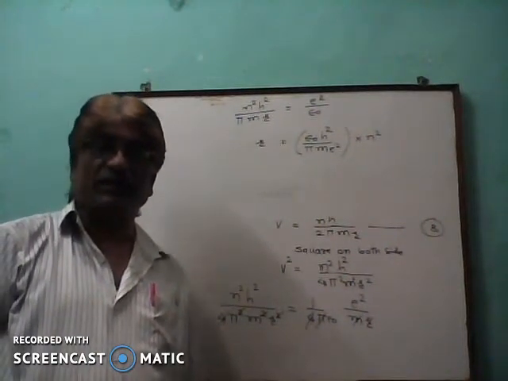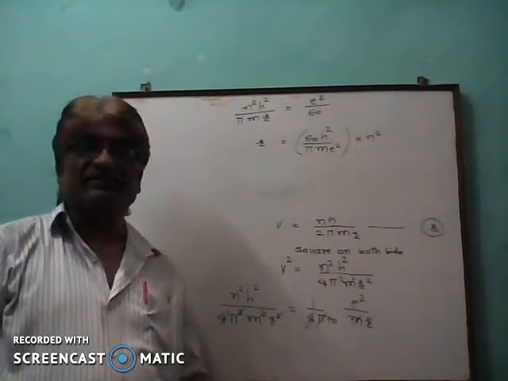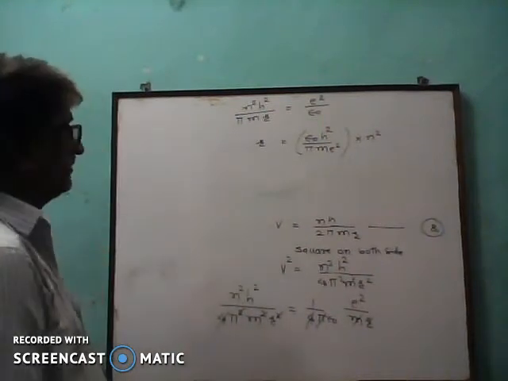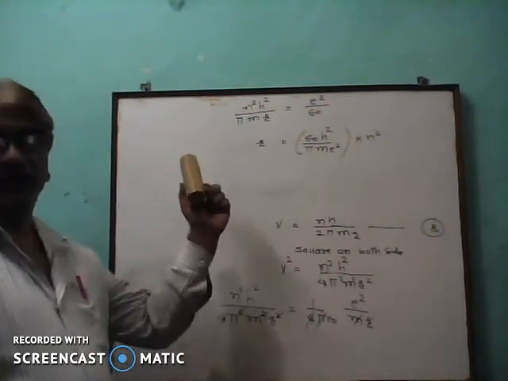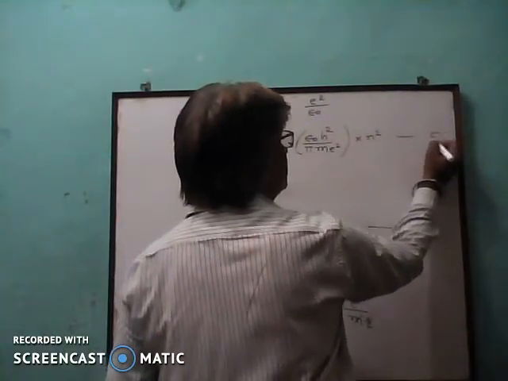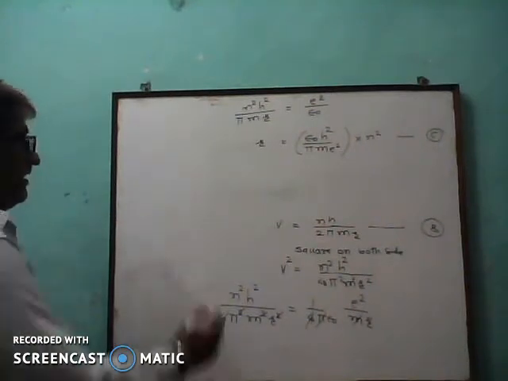Actually, we can calculate the angular velocity. For angular velocity, radius and velocity must be calculated. So here, when we can calculate the radius, suppose this is equation number C, we also calculate the velocity.